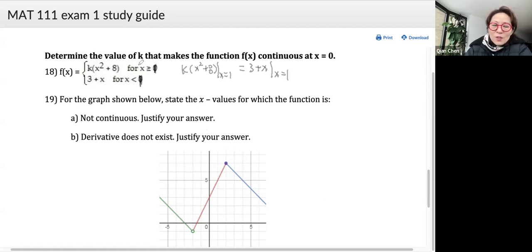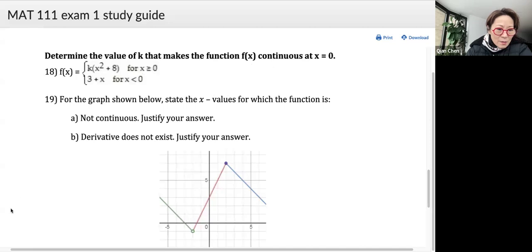Because at 1, the function acts differently. The left-hand side acts one way, the right-hand side acts another way. So if we want the function to be continuous, they have to meet. They have to have the same value at the same x value. So then we just solve. We get k times 9, which is 9k equals 4. So k equals 4/9, right? So on and so forth. This can be any number.